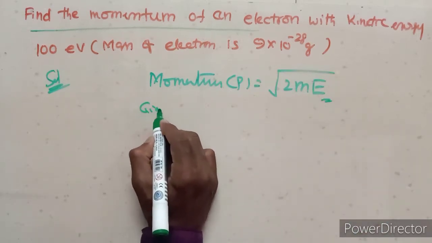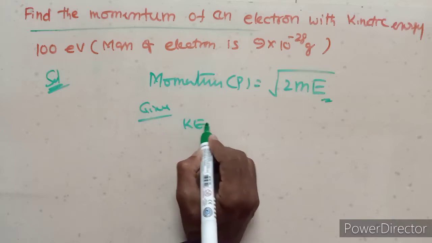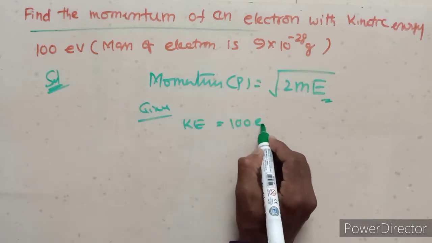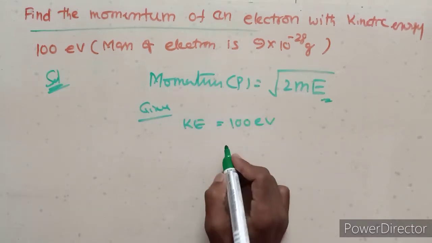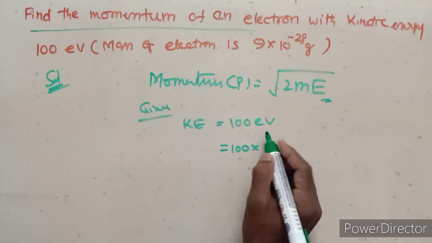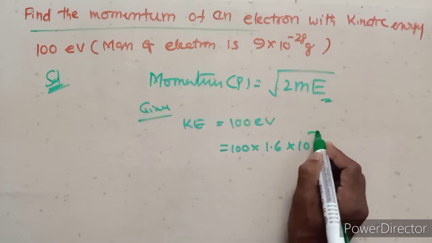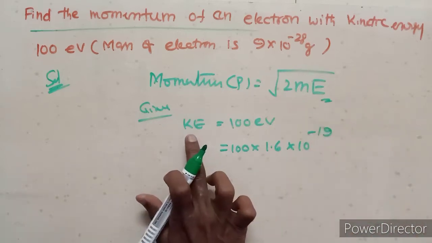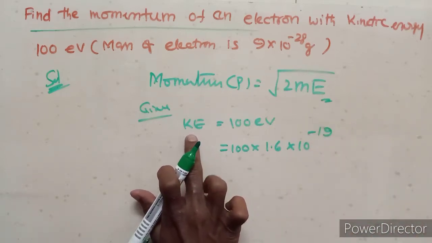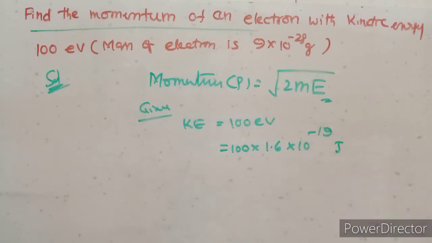First of all, given data: kinetic energy equals 100 electron volts. What is the value of the electron volt? 1.6 into 10 to the power of minus 19 joules. Kinetic energy unit is the joule.